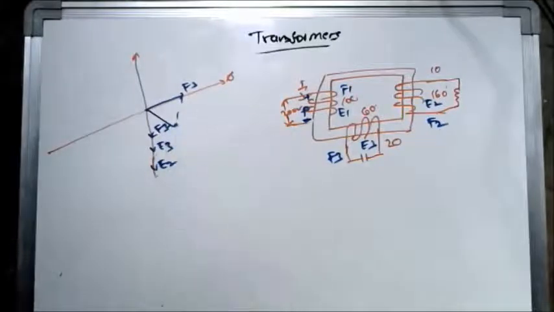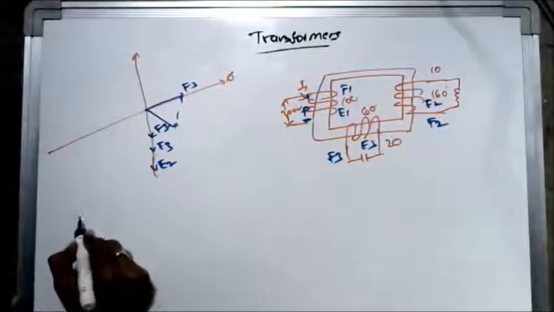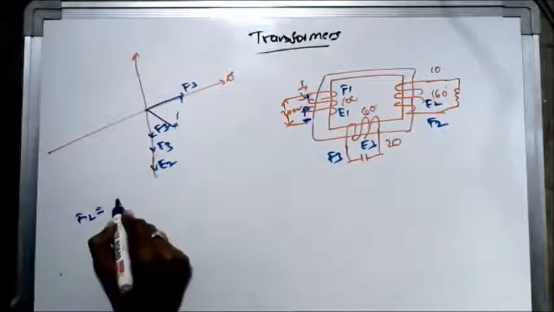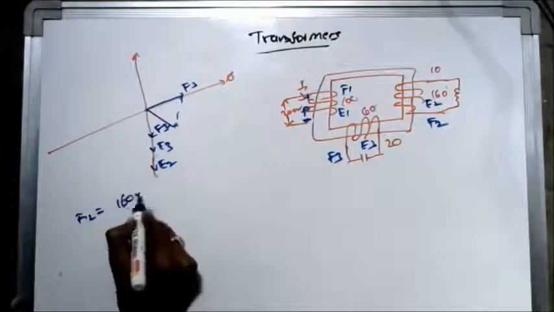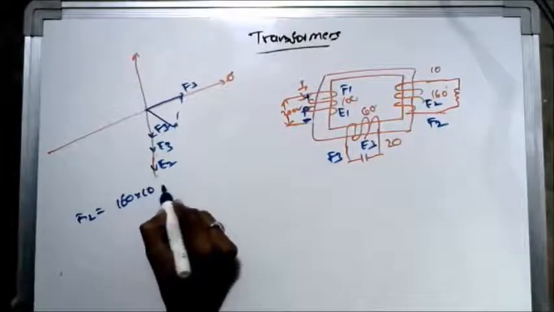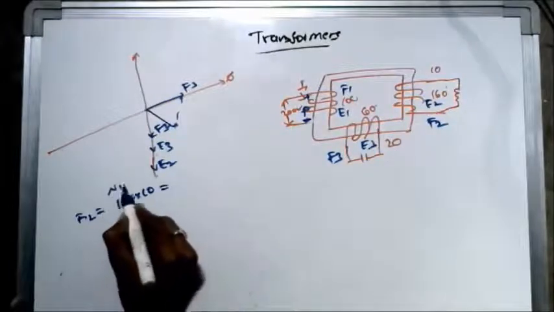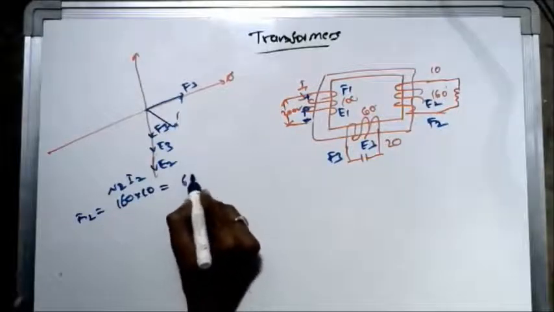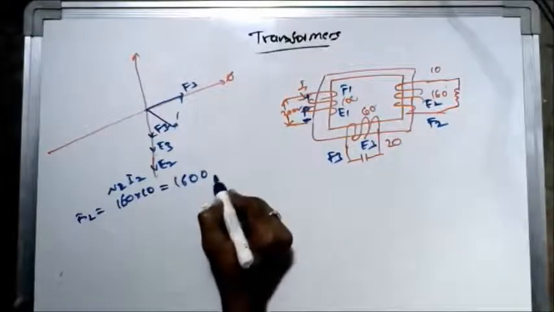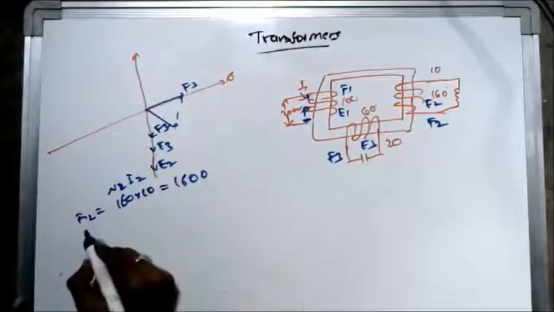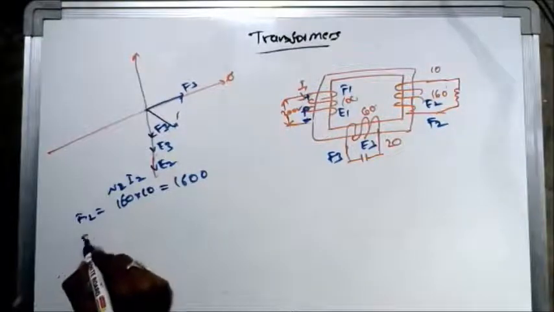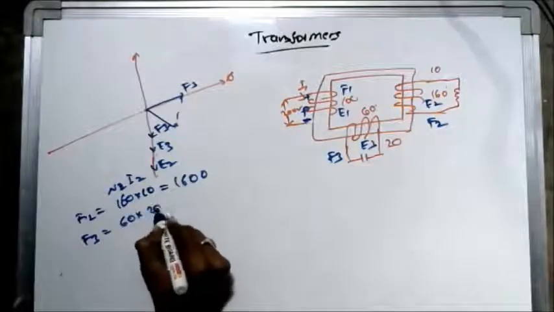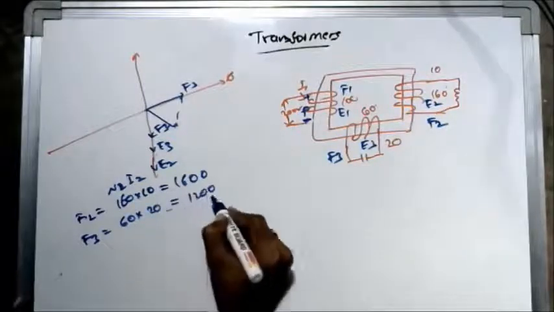Take the phasor sum of these two MMFs. F2 is equal to 160 into 10, that is N2 I2, which is 1600 ampere turns. Next, F3 is equal to 60 into 20, that is 1200 ampere turns.